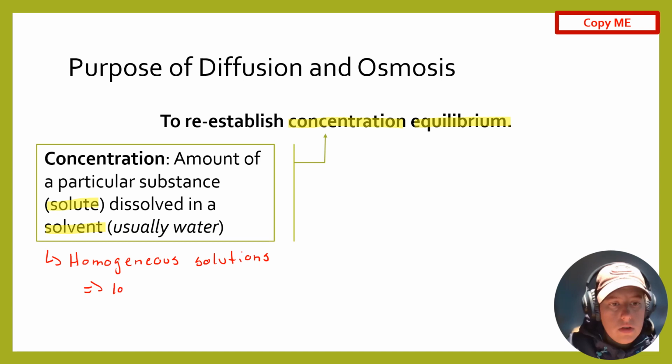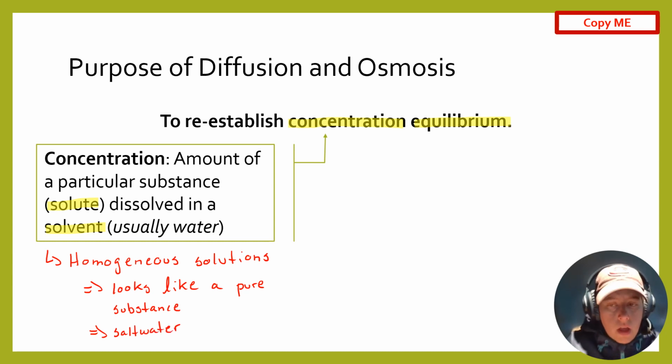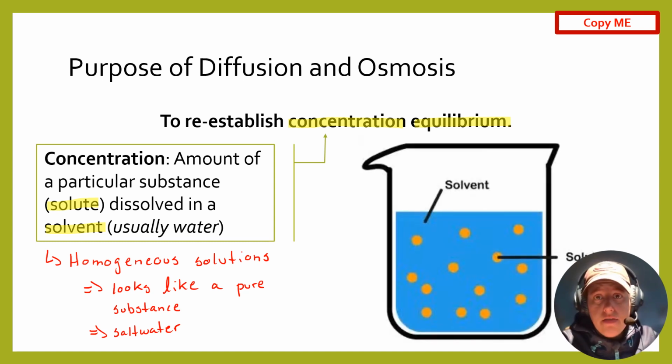So it looks like a pure substance. A classic example of a homogeneous solution would be salt water. So if we look at our image right here, we have a diagram of that.